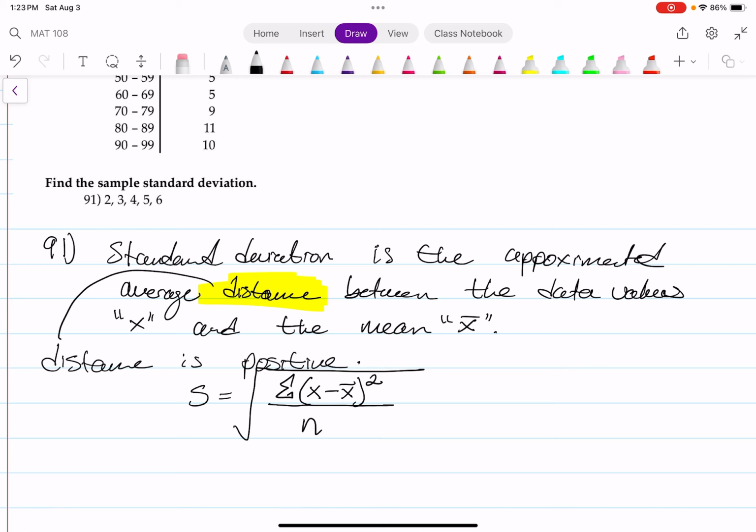Now, we're almost done. We're talking about the standard deviation for a sample. The sample is smaller than the population, but we want the sample standard deviation to be a good representation of the population standard deviation. So here in our denominator, we're going to subtract 1 from our sample size.